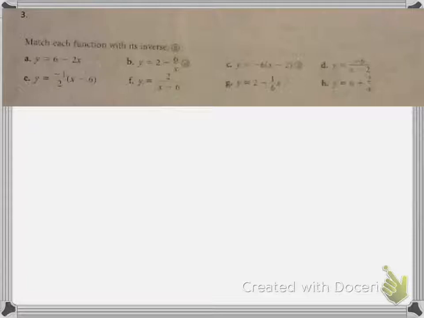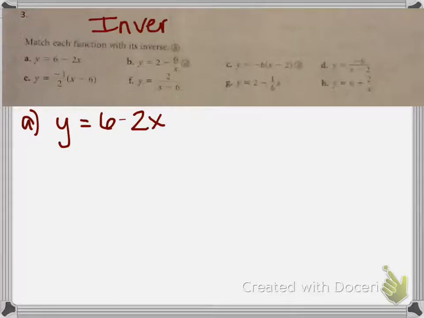So starting with A, y equals 6 minus 2x. Remember to find an inverse, same idea as what we did with number 2. We switch x and y.